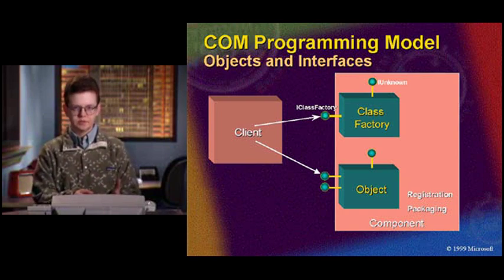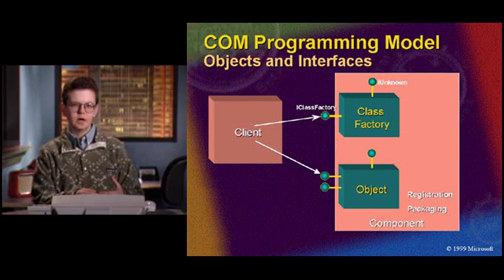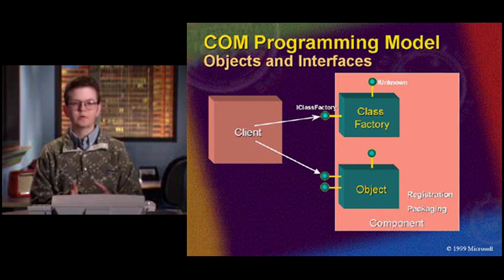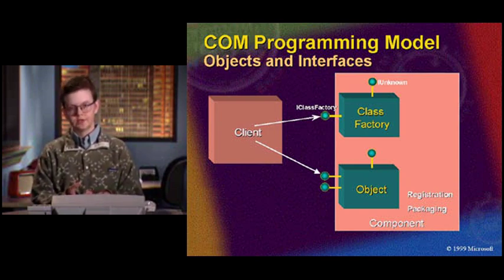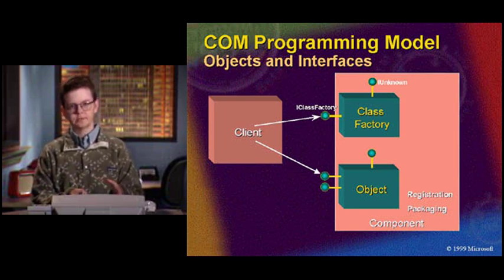Each object exposes a standard interface called IUnknown, and we use this to let you get to other interfaces that the object might expose. The classes that implement particular objects are combined into a binary unit of code that we call a COM component. And that component also includes things like registration code that helps you publish the information about this component to a particular machine.